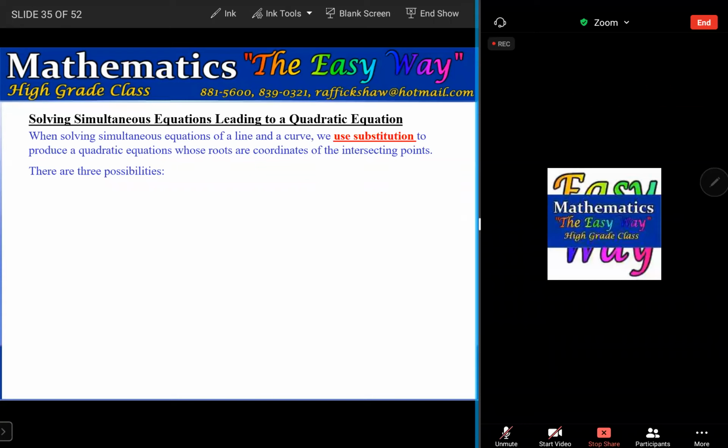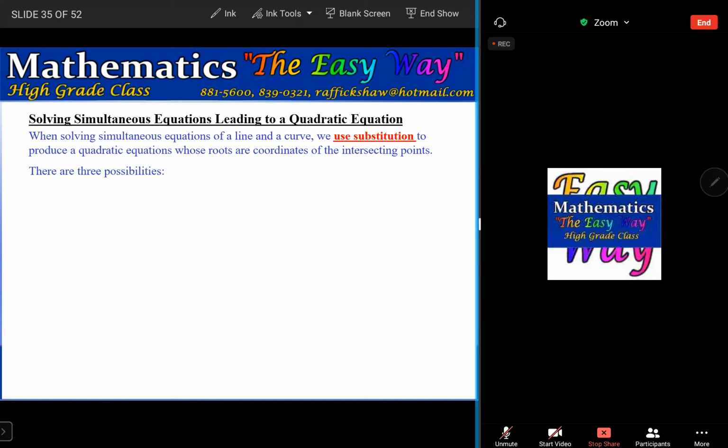Now, that's for 2 lines. You can use either one freely. For the line and curve, I'm telling you that most times it is better to use substitution. There are a few that you can use elimination with, but when in doubt, substitution is the better method to use for these.